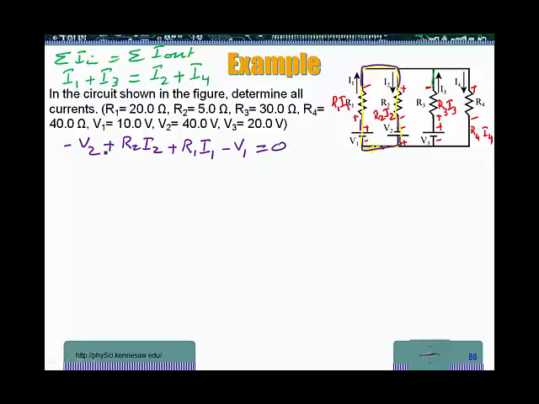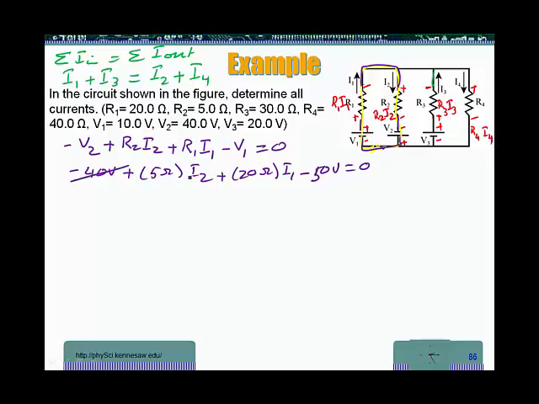If I plug in the values for these, that's going to be minus V2, which is minus 40 volts, and then R2, that's 5 ohms, I2, and then R1 is 20 ohms, I1, and then V1 is 10 volts. So to simplify this, minus 40 and minus 10 add up to minus 50. And then I'm going to divide everything by 5 ohms.